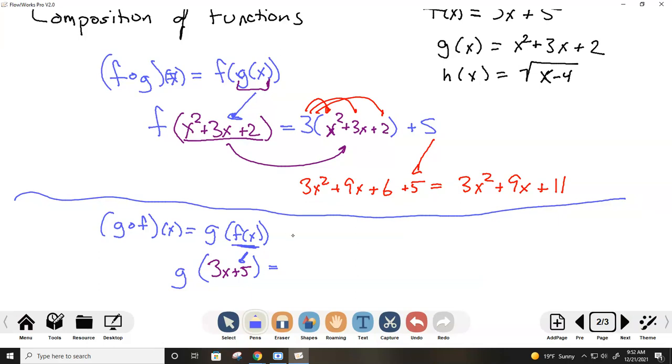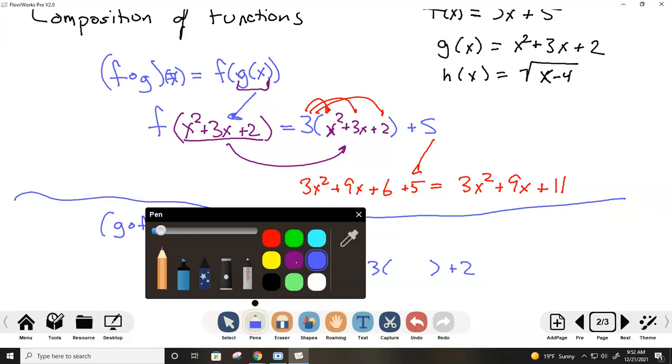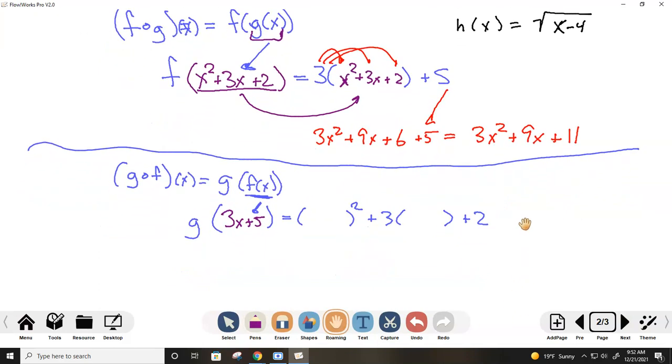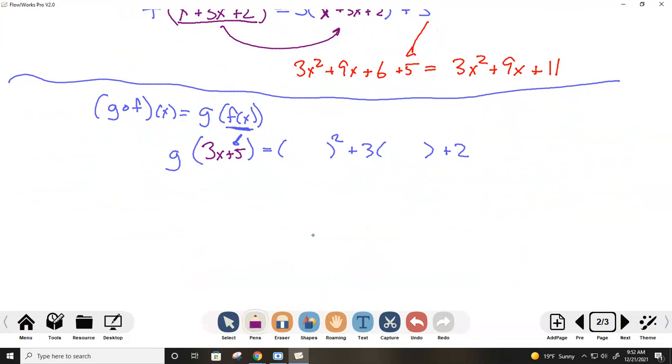Now g is my x squared plus 3 times my x plus 2. Give myself a little more room here. And my x is 3x plus 5.